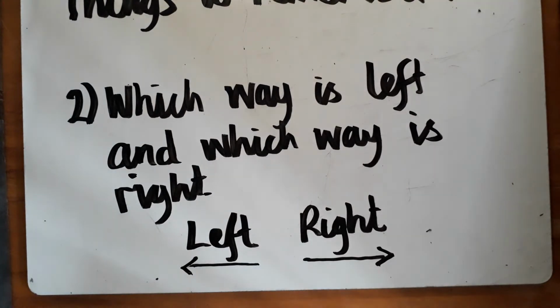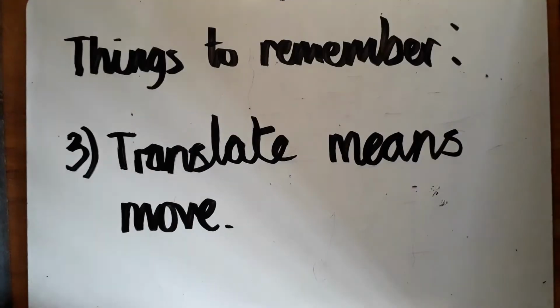There are some questions today where you may want to write just the words left and right at the top of the page, so you can refer to them to see which direction you're moving on the grid. And the last one, number 3.